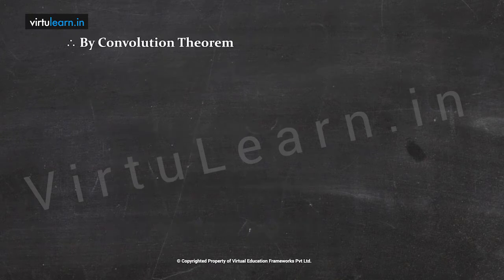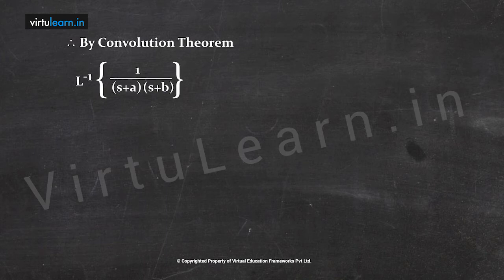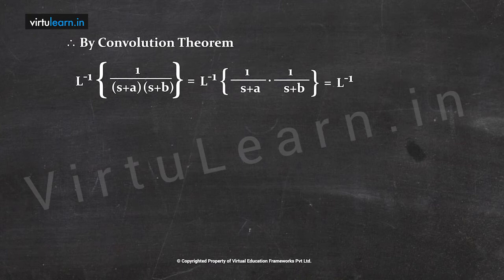By the convolution theorem, L inverse of 1 by s plus a into 1 by s plus b can be written as L inverse of f bar of s into g bar of s.